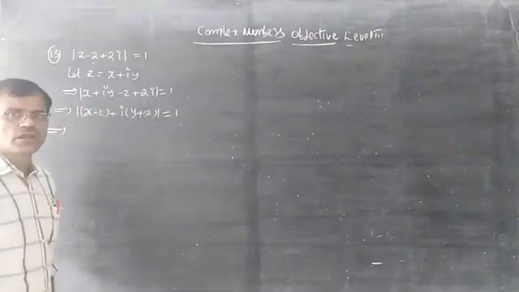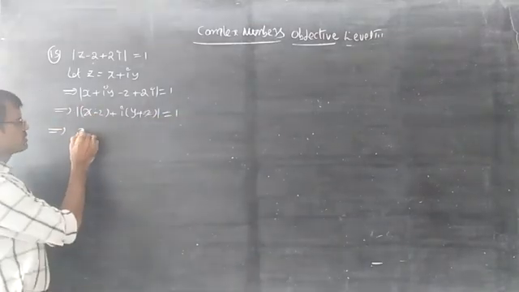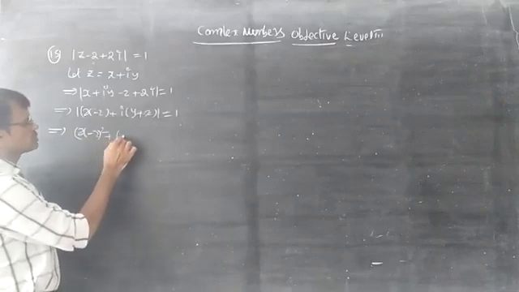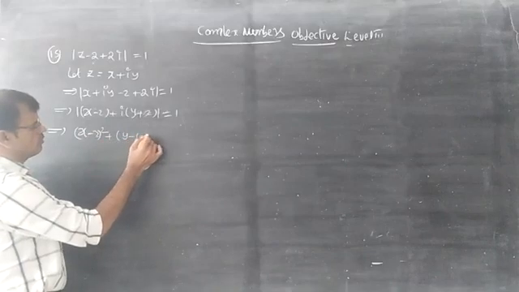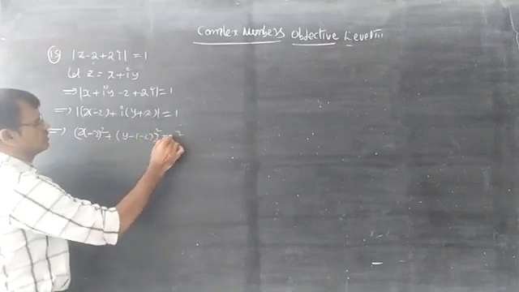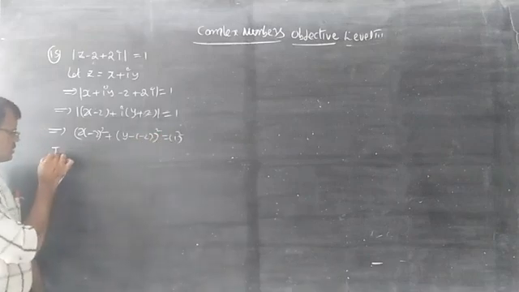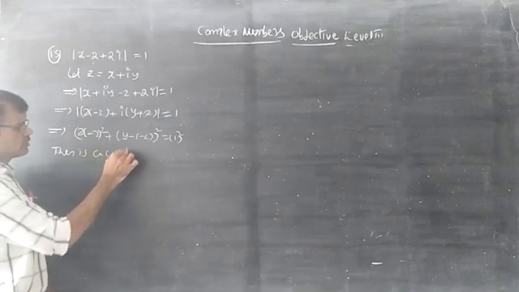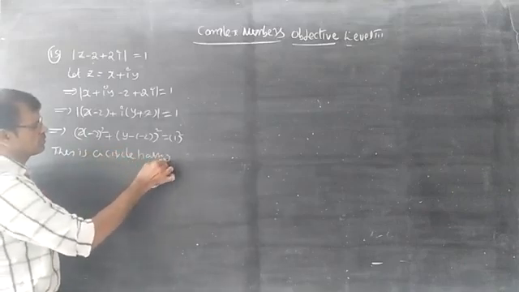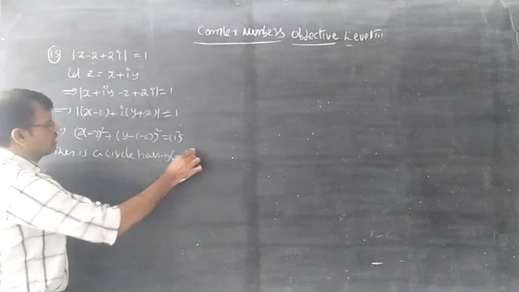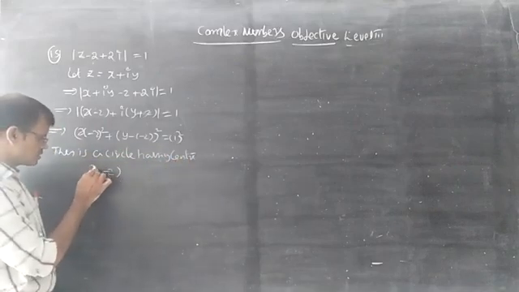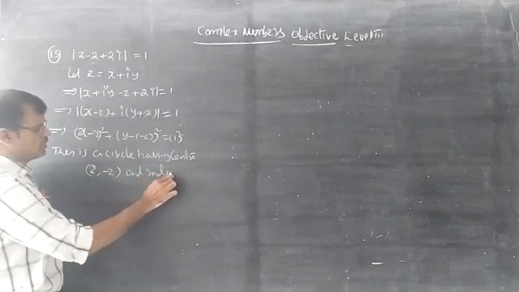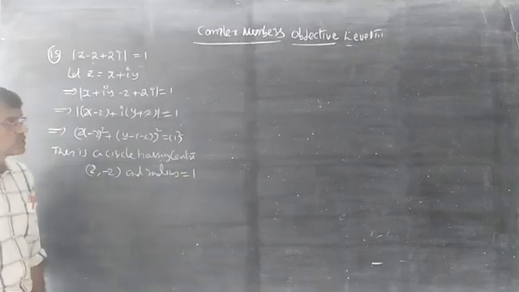According to the modulus concept, you apply component square plus component square. So x minus 2 whole square plus y minus of minus 2, whole square, is equal to 1 square. This is a circle having center 2 comma minus 2 and radius 1.